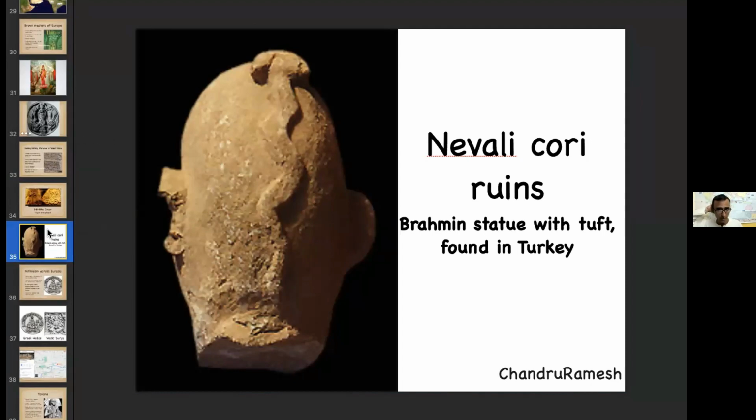Brahmins have their shikha at the back, and the shikha, if I remember correctly, is an adherence to Vedic culture, accepting the Vedas as the ultimate authority, and accepting their connection with the Vedic culture. So a statue with a shikha has been found in Nevali Kori, which is very important and interesting evidence that Aryans did take their culture as far as West Asia and Europe.